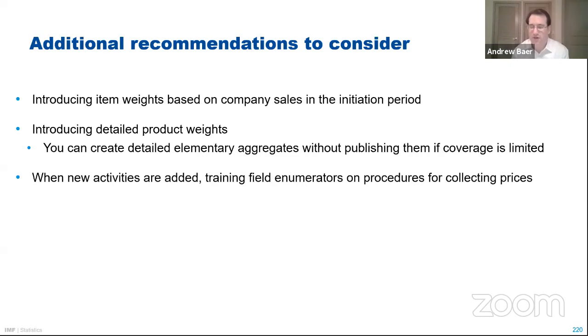You might say, look, I don't have enough data to produce reliable, detailed indexes on international freight transportation by air versus domestic freight transportation by air, but I can still create detailed elementary aggregates without publishing them, just to improve the accuracy of the higher level index. That also goes along with the previous recommendation of using mean imputation, because if you make your elementary aggregates more homogeneous, you improve the accuracy of the imputation that occurs.